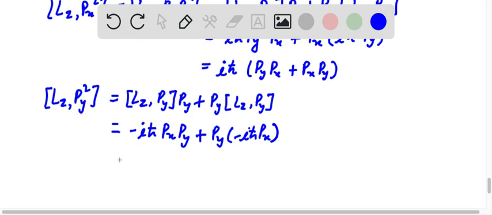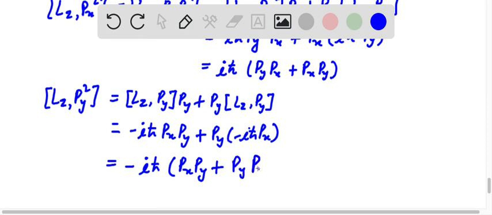So this will be minus iħ px py plus py px.